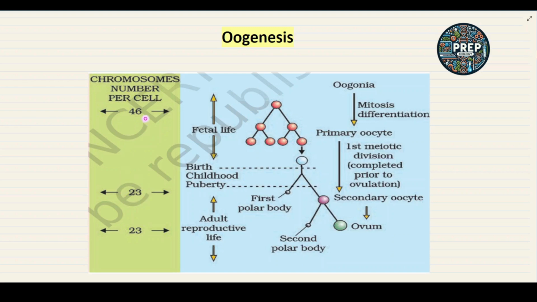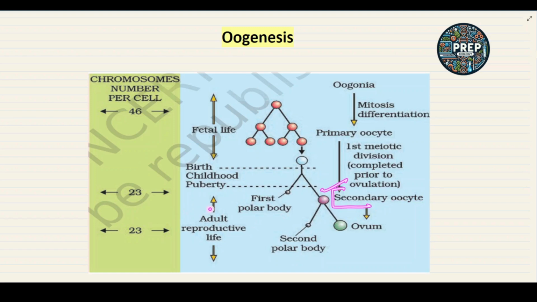So the ploidy of the primary oocyte is 2n. When the secondary oocyte forms, its ploidy is n, that is 23 chromosomes.